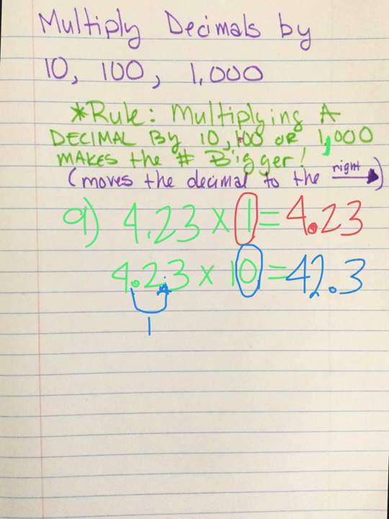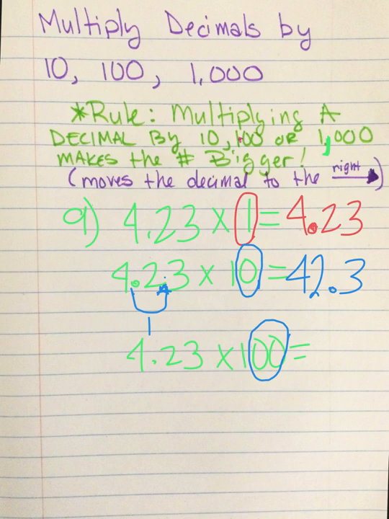So let's continue on with the next one. Same number, 4 and 23/100ths. Now we're going to multiply that times 100. We follow the same rule as the top one. We count the zeros. Here there are 2 zeros. The rule tells me to move the decimal to the right, the same as the number of zeros in this factor of 100.